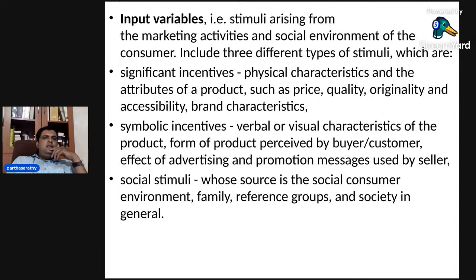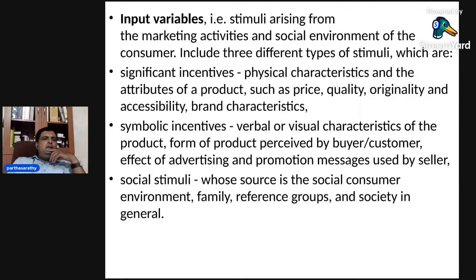So stimuli arise from marketing activities and the social environment in which the consumer lives, including three different types of stimuli, which are significant incentive, physical characteristics, and attributes about the product.